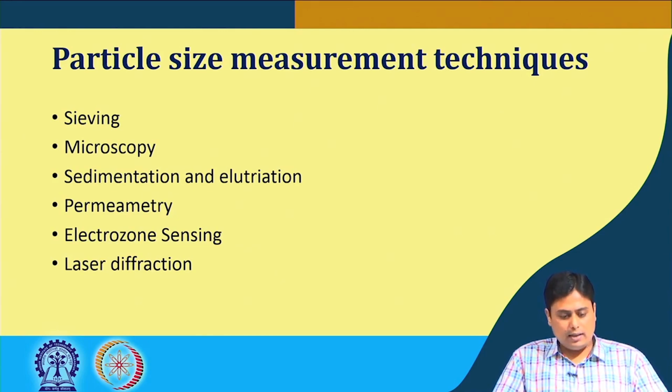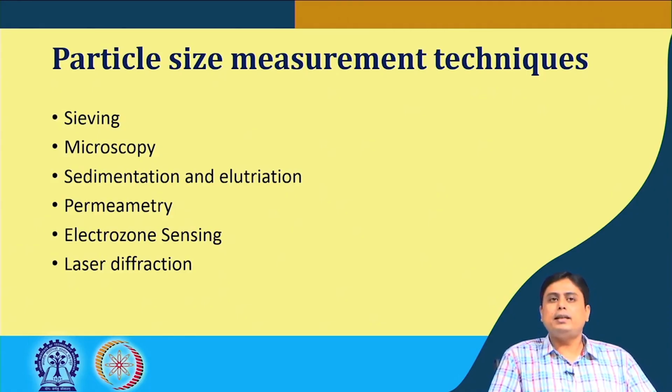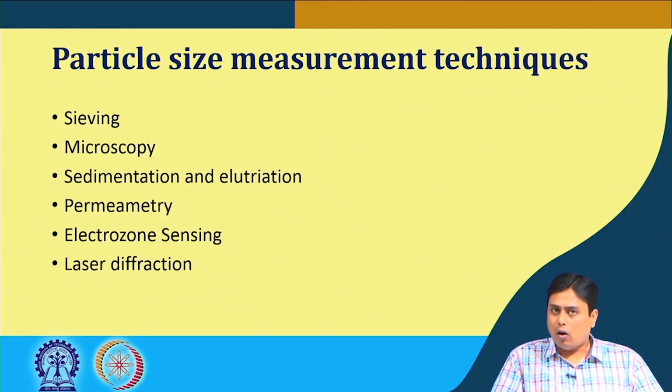These classifications or measurement techniques are not arbitrary. They cannot be applied to all size ranges of particles; they are limited to a particular size range. For example, sieving or screening can be done for sizes more than 50 micron or so. Beyond that, you cannot sieve.